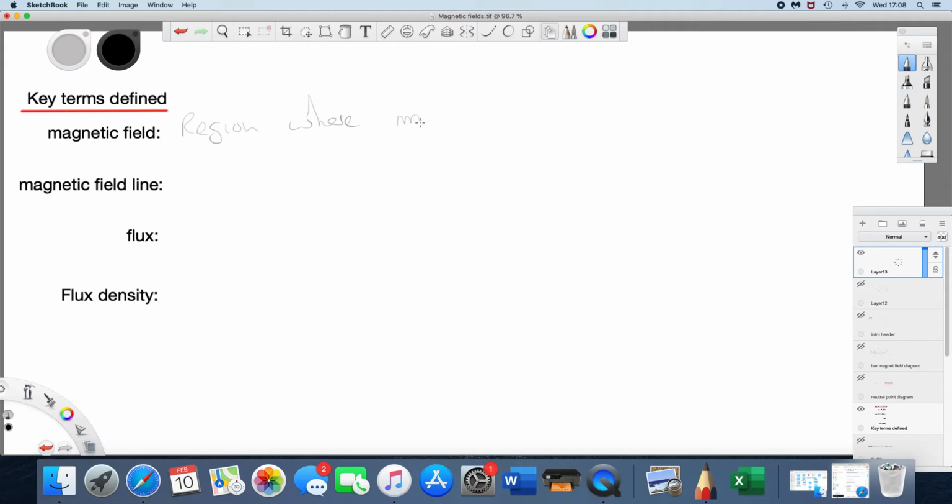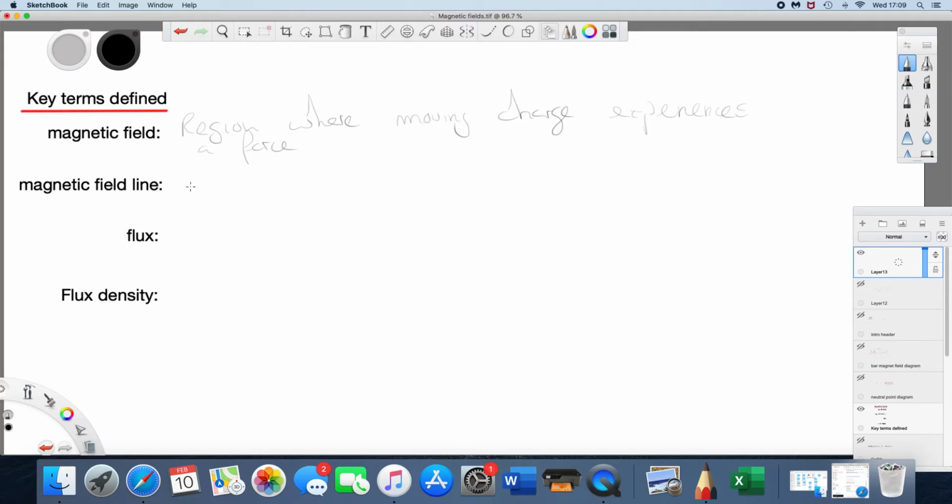Here we have moving charge. The magnetic field is a region where moving charge experiences a force.